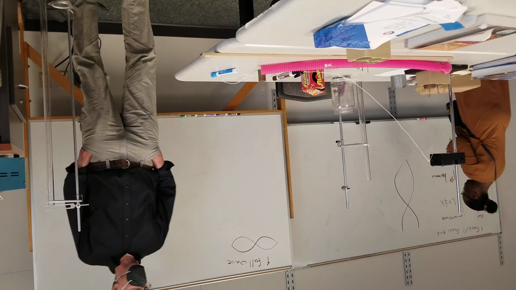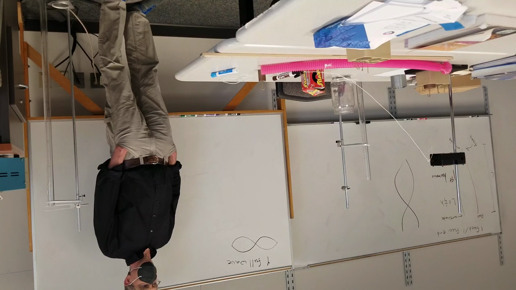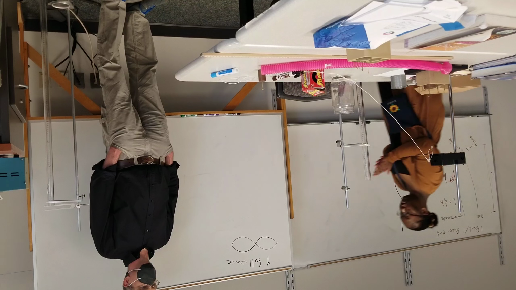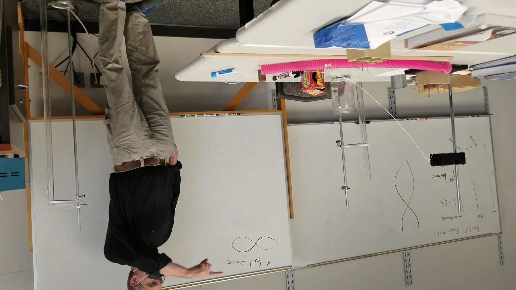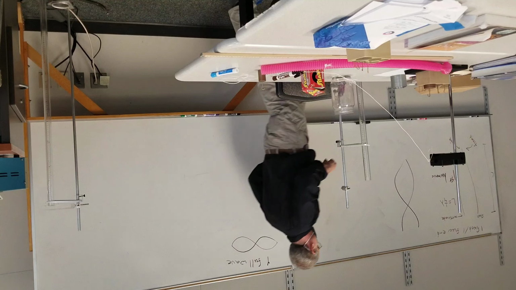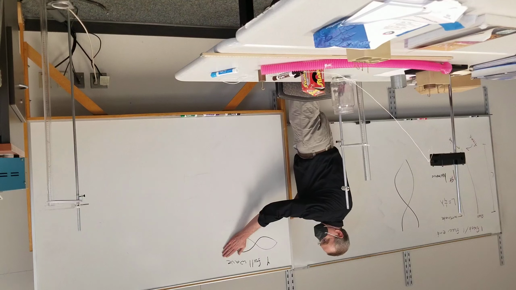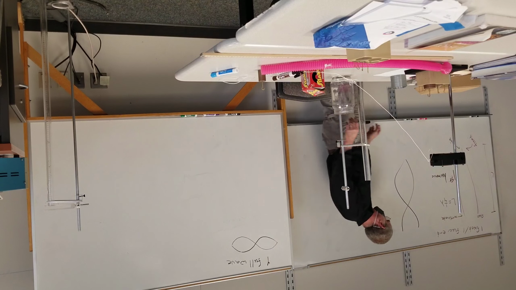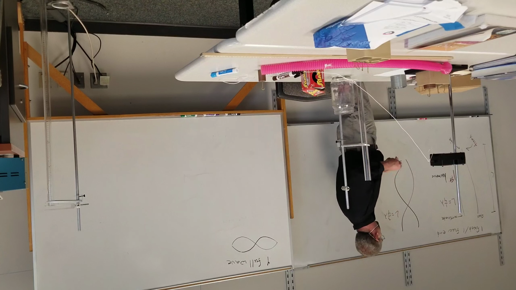How many waves is that? 1.5? Not 1.5. There we go. It's 3/4, because remember, the full wave looks like that, and all we've done is basically chop that last quarter off. So this is L equals 3/4 of a wavelength.